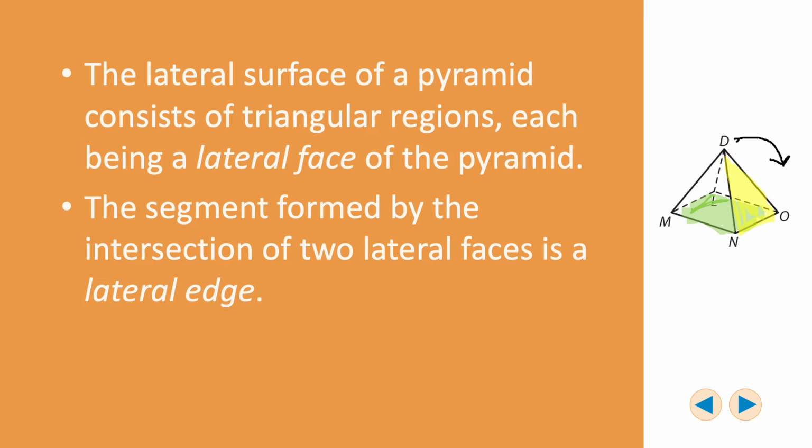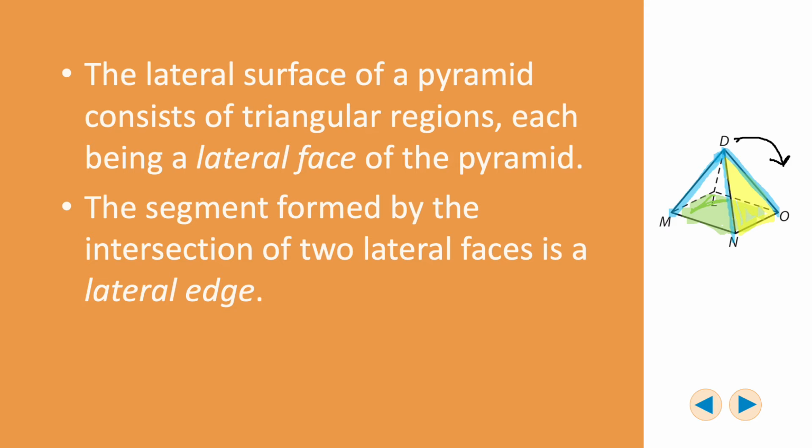The segment formed by the intersection of two lateral faces is called the lateral edge. So I'm going to highlight that in blue. So here's the lateral edge, and here's the lateral edge. We can see that the lateral edges are not planes, which means that we're going to name them differently.